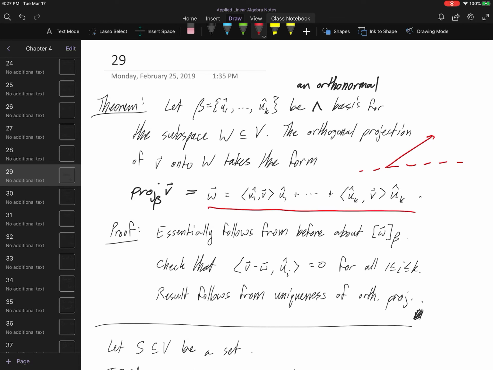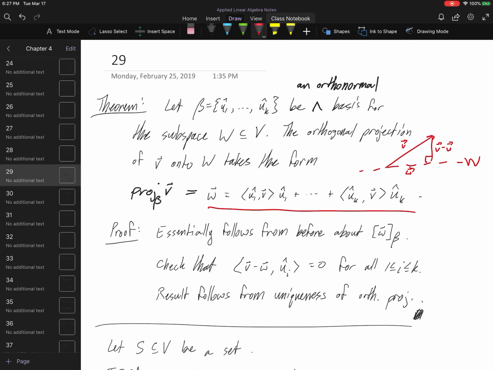And you can see this as part of Gram-Schmidt. If I'm taking v and trying to project it onto some space W down here, then there is this orthogonal projection, and this would be some multiple of u1, without the hat, and here's v. So in this case, this would be the W vector. The projection is W, and then v minus w is going to be orthogonal to W.